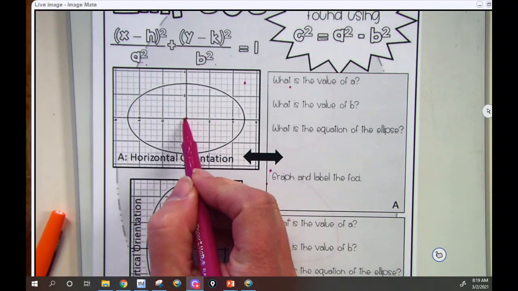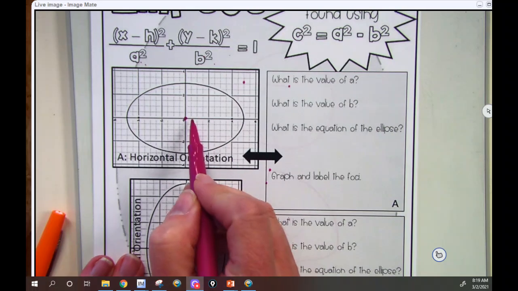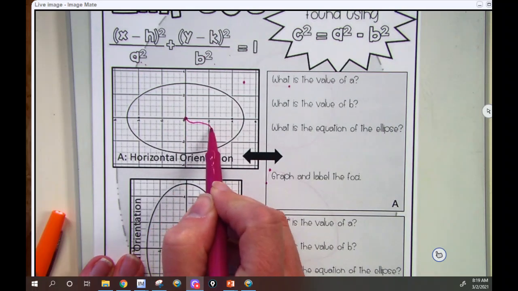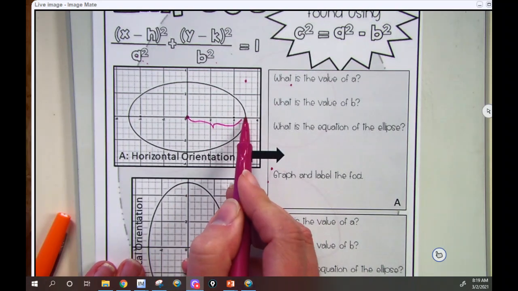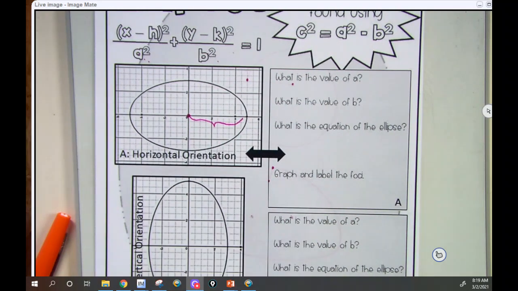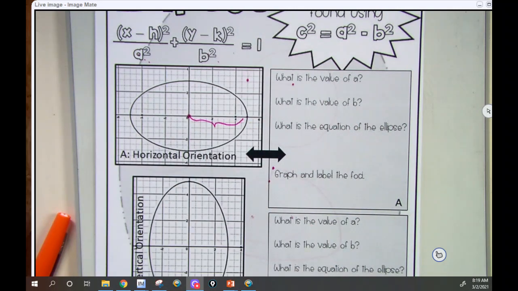This ellipse happens to be centered on the origin, right? We haven't moved it left or right or up or down. I want you to look at this length right here, from center to the vertex over there. How far is that?